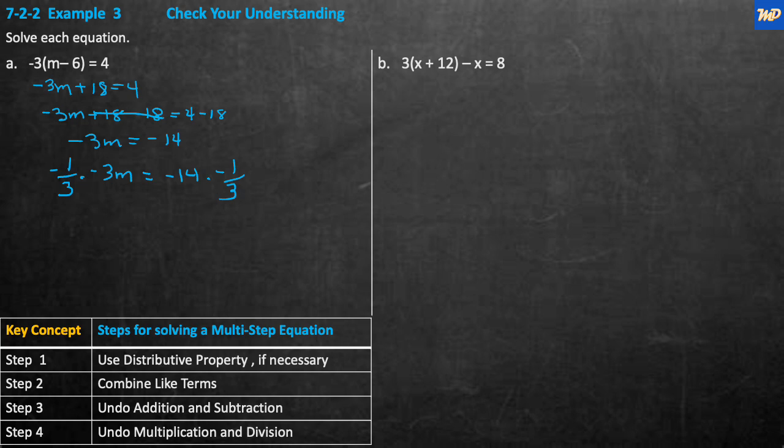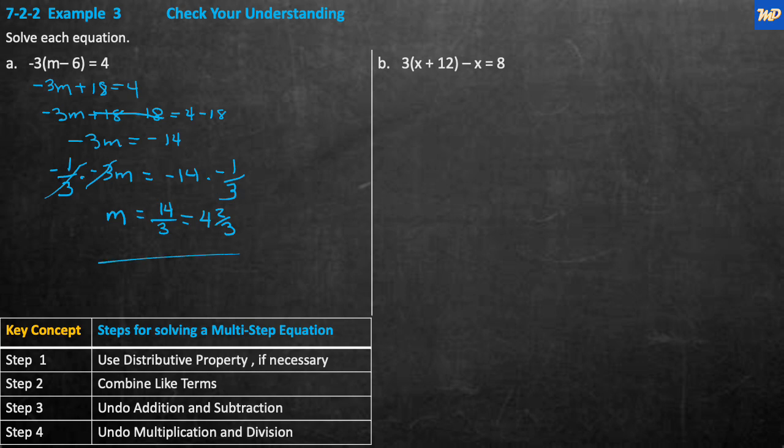So now on this side we have m, because minus 3 and the minus 1/3 cancel each other, makes positive 1. And minus 14 divided by minus 3 is going to be some positive number. Instead of leaving it a fraction, we can say it's 14/3. Or I guess we could say 3 goes into 14 4 times, and there's 2 remainder, so it's going to be 2/3. 4 and 2/3 is going to be the answer on this one.